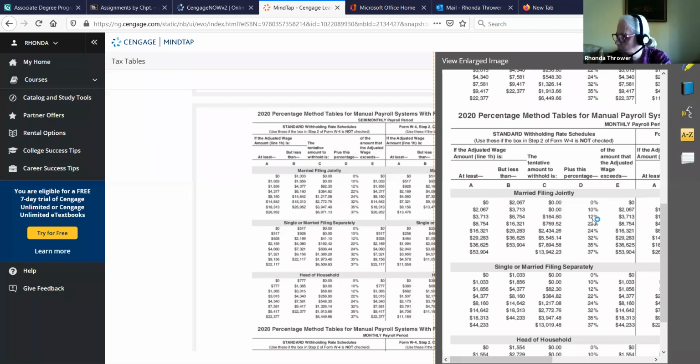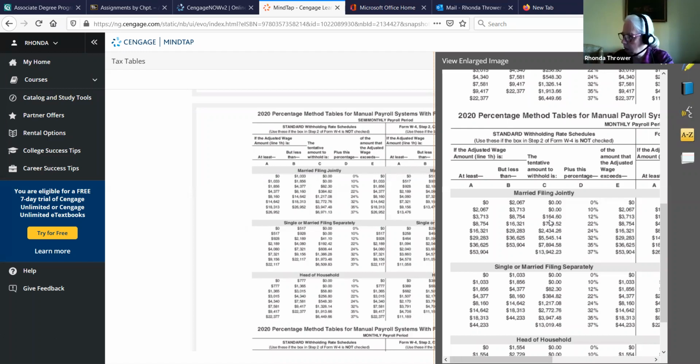So I'm going to multiply this by 12. And that's going to give me $528.84. Then I've got to add back what the tentative amount was, which was $164.60.